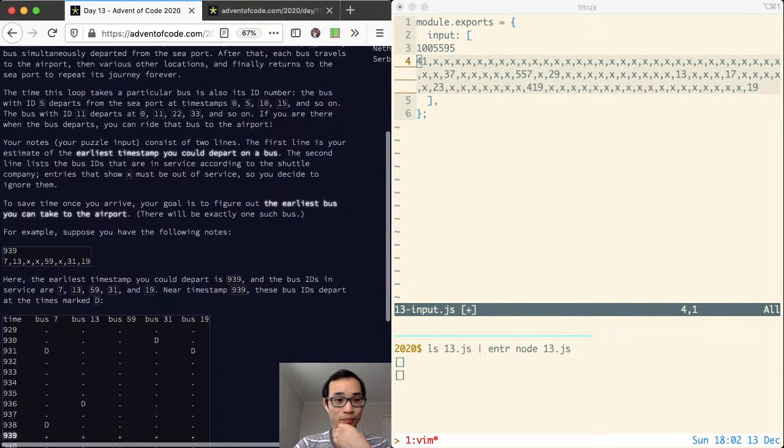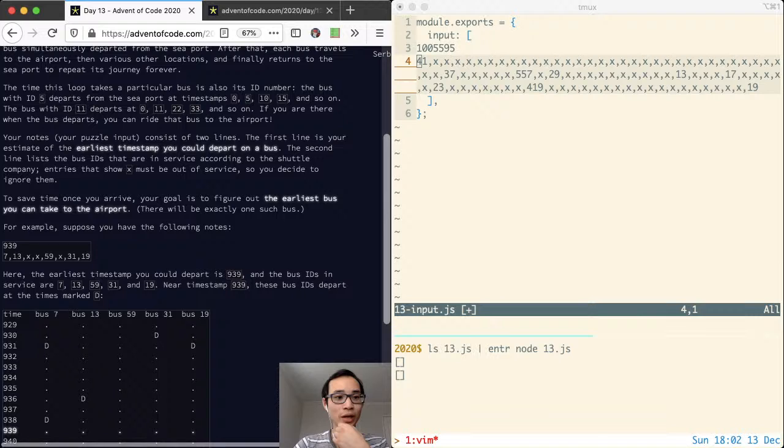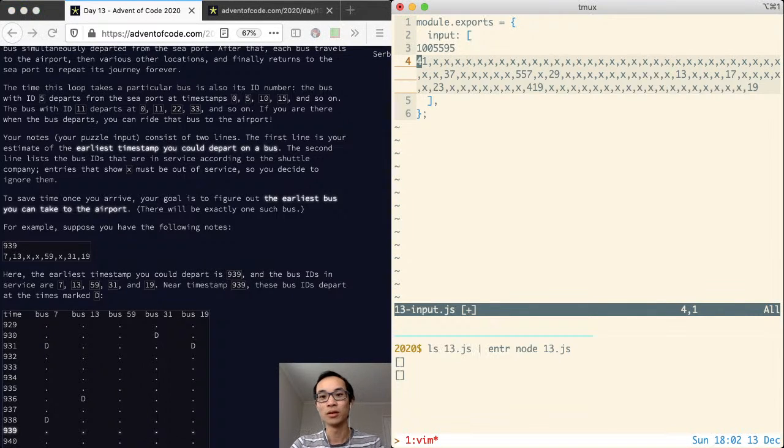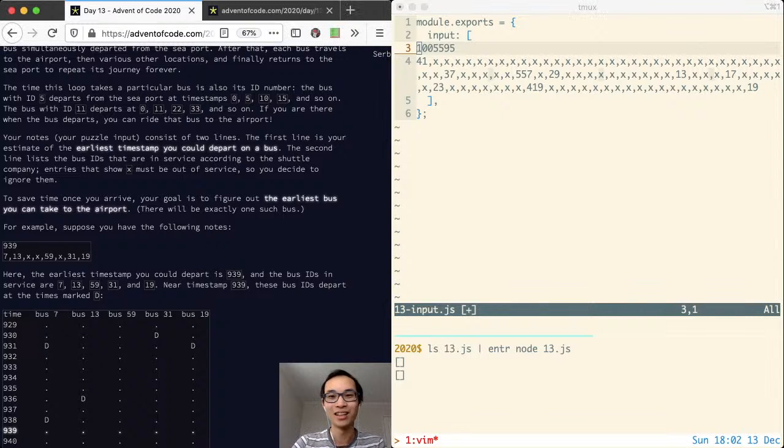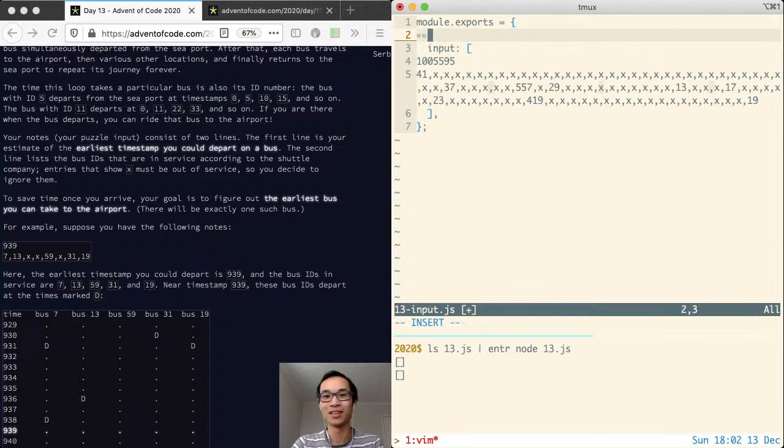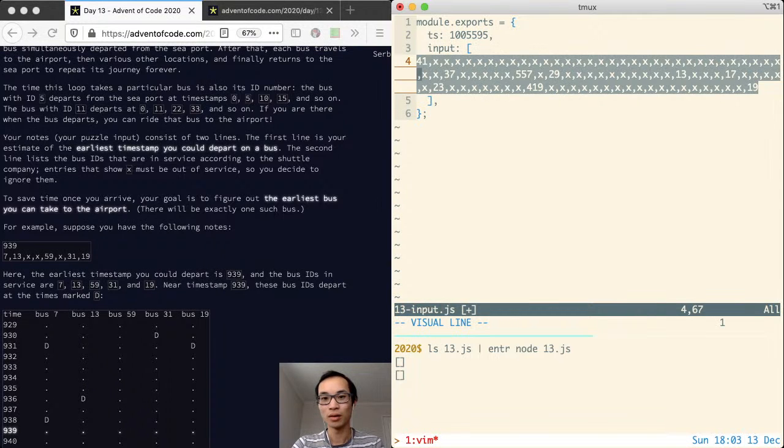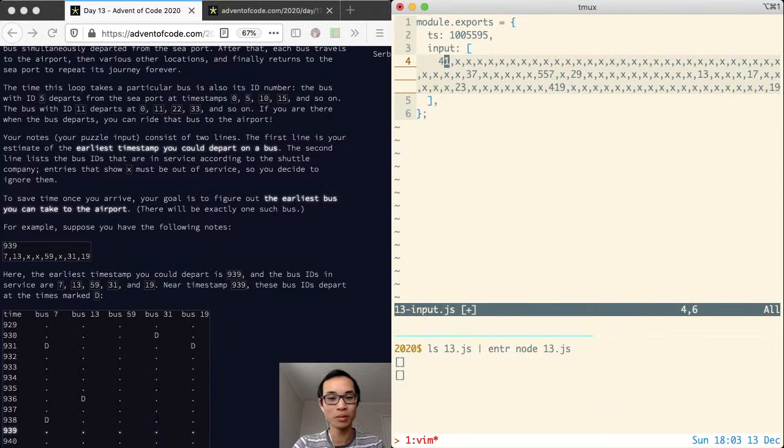Your notes consist of 2 lines. The first line is your estimate of the earliest timestamp you could depart on a bus. I'll just call that timestamp, and then the rest of the input.